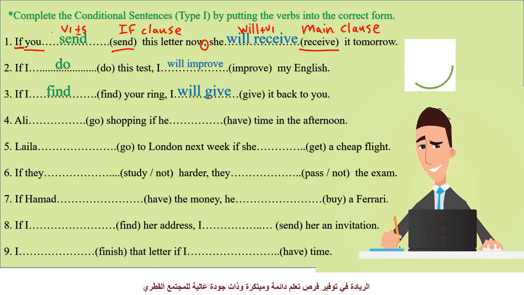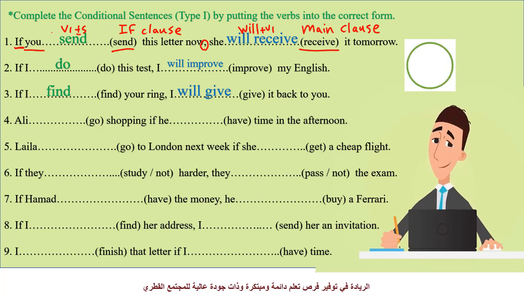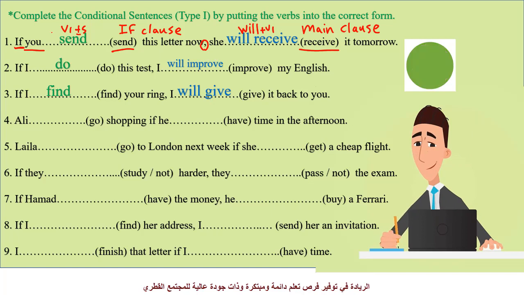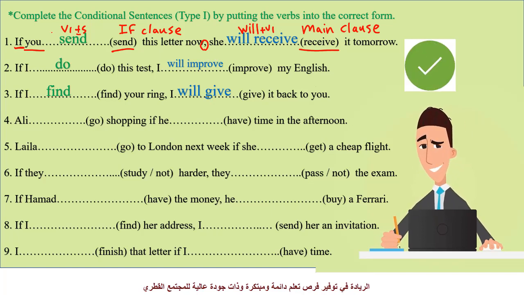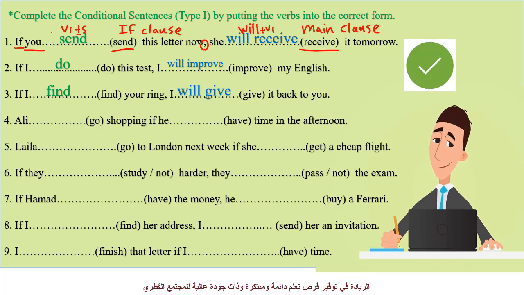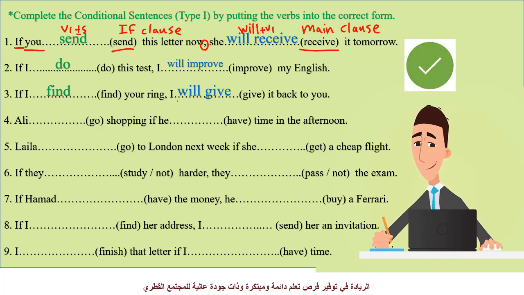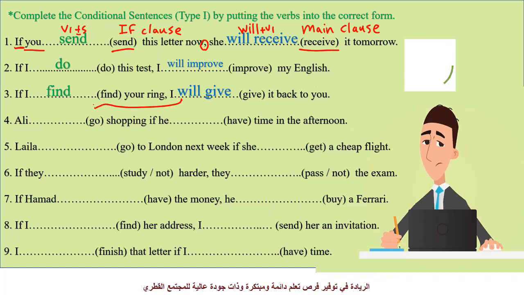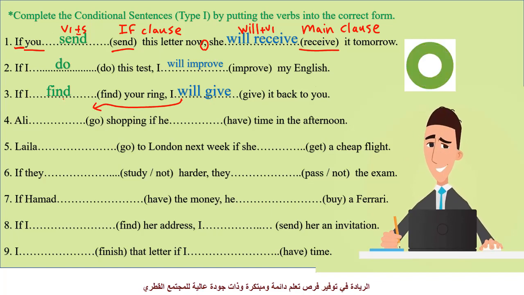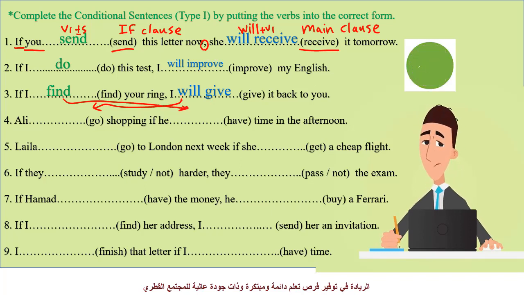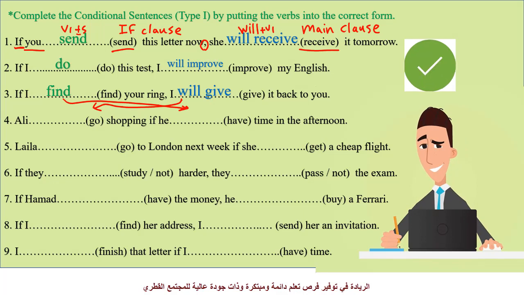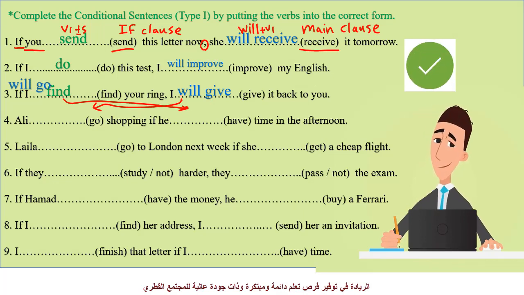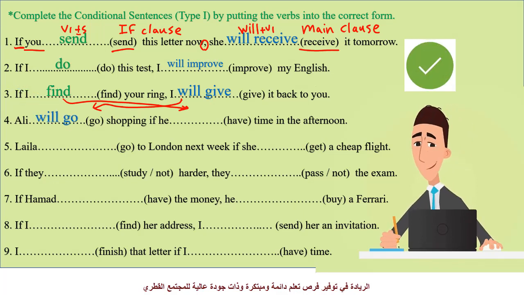In the fourth example and the fifth example, here the main clause precedes the if clause. That means we have to change the clauses and we have to write here the future simple sentence and here the present simple sentence. Ali will go shopping if he has.